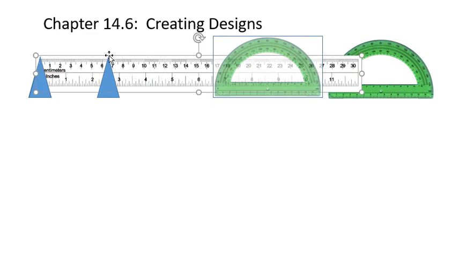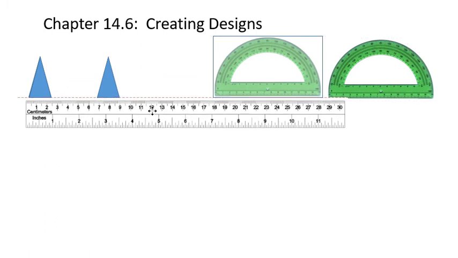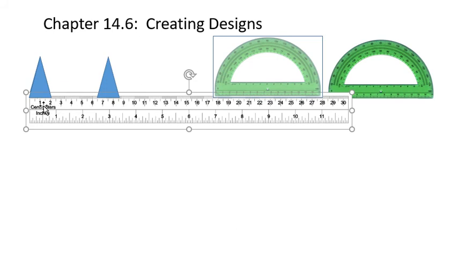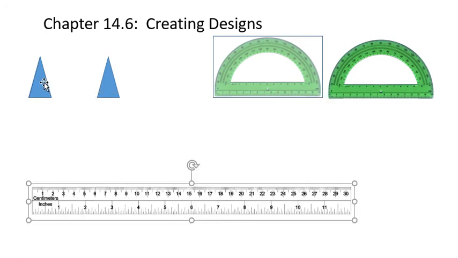Right here to here, you can see it's a 6.5 centimeter translation to the right. I can do this with any of the points on this triangle. I can't get it right on there, so we're going to get as close as we can. Once again, let's take the lower left hand point of the triangle, and we moved 6.5 centimeters to the right. So this particular translation was to the right 6.5 centimeters.